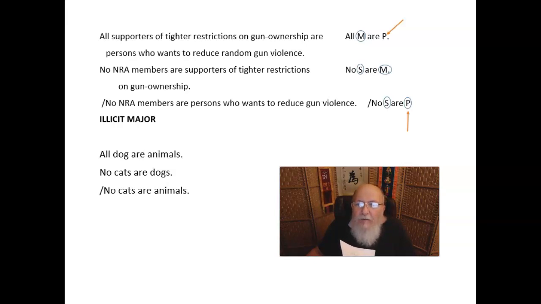No NRA members are supporters of tighter restriction on gun ownership. So no NRA members are persons who want to reduce gun violence. We put it in our universal form, we circle the distributed terms, and we can quickly note that the major term here is distributed in the conclusion, but not in the major premise.